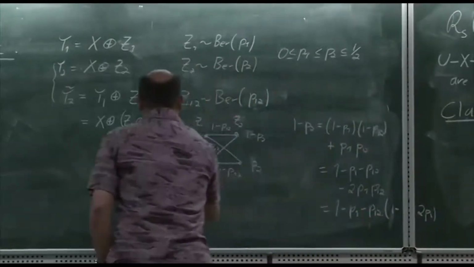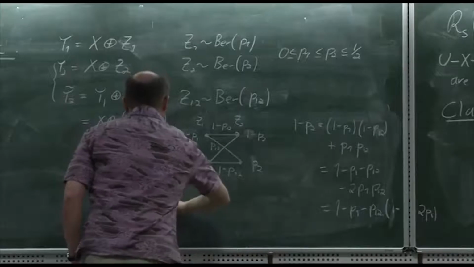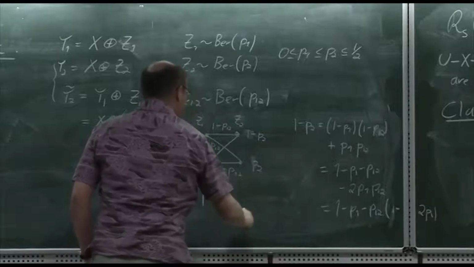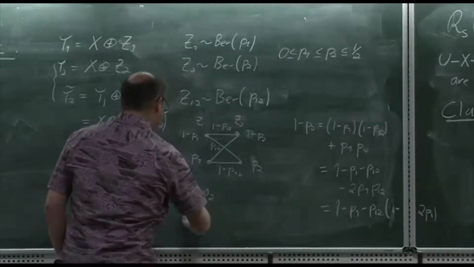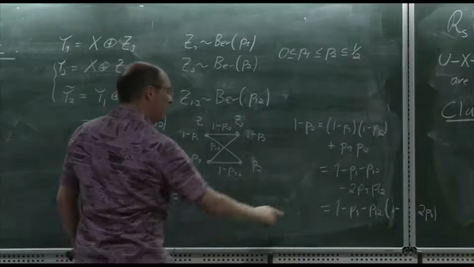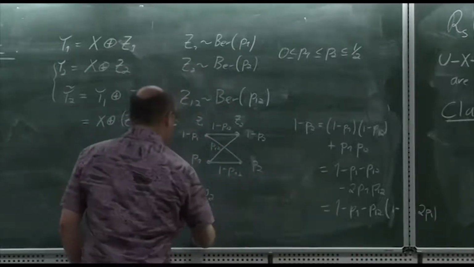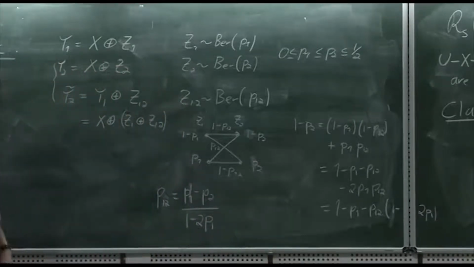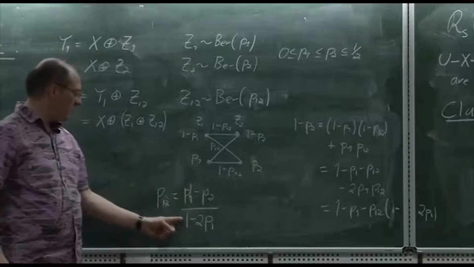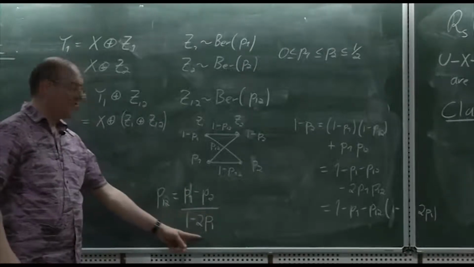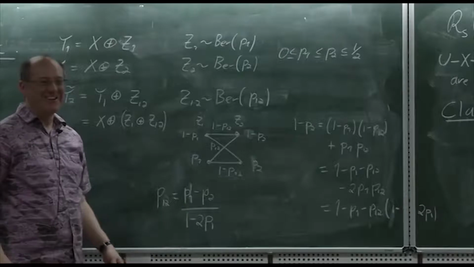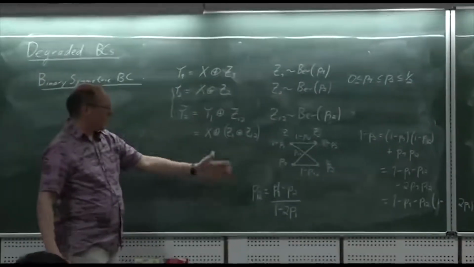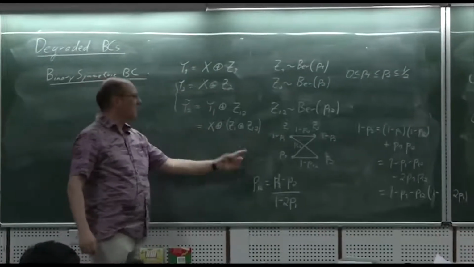And so I get p12 is equal to, if I did everything right, 1 minus p2 minus 1 plus p1, so I get p1 minus p2. The 1's cancel, divided by 1 minus 2p1. This is positive, and hopefully this fraction is less than 1/2. But anyway, that's the solution. I'm pretty sure the general expression looks right. I don't know if it's perfect.